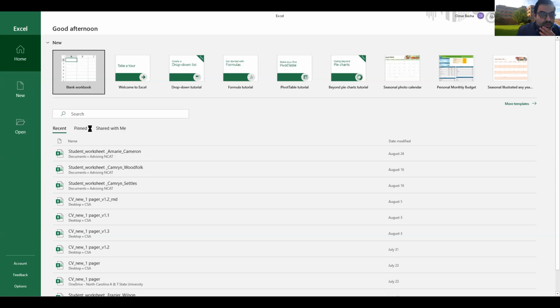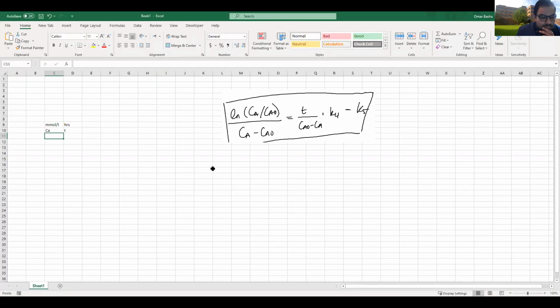Why is my screen sharing first? There we go, resume share. All right, okay, here we go. And t is in hours. So let's have a look. So I got 0.84, 0.68.